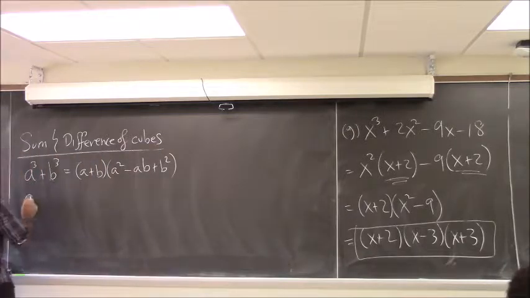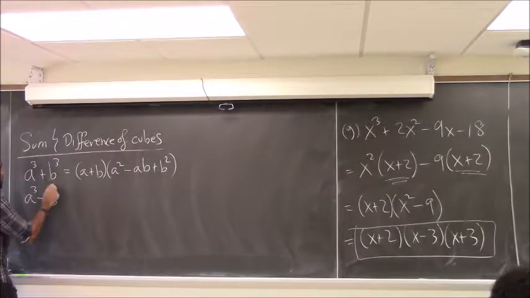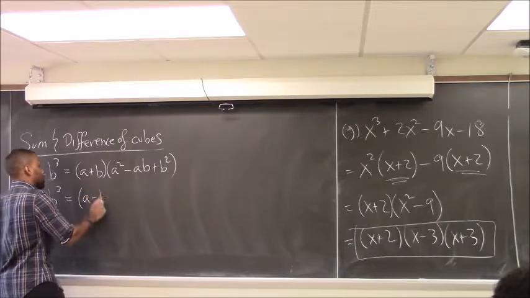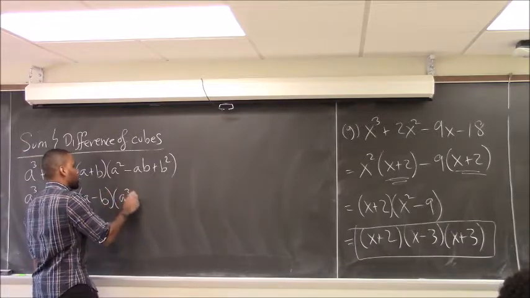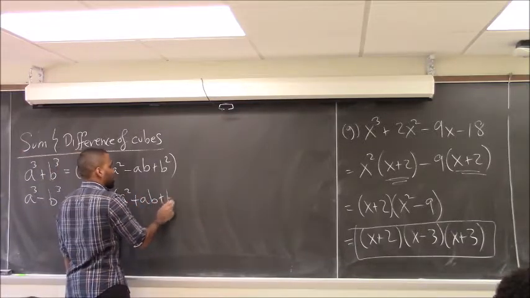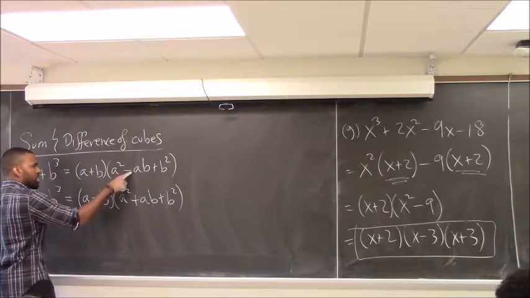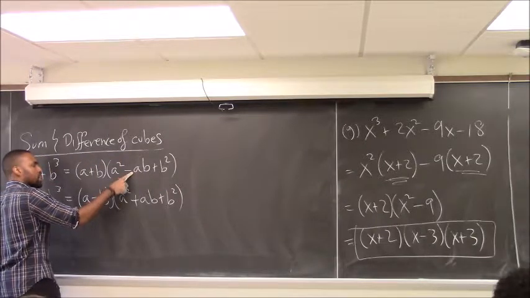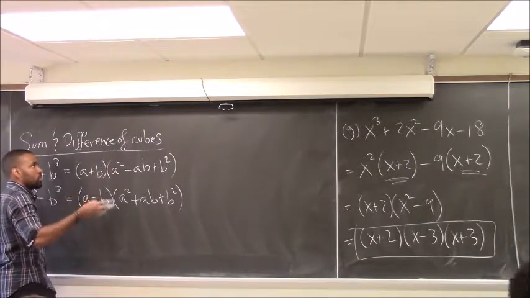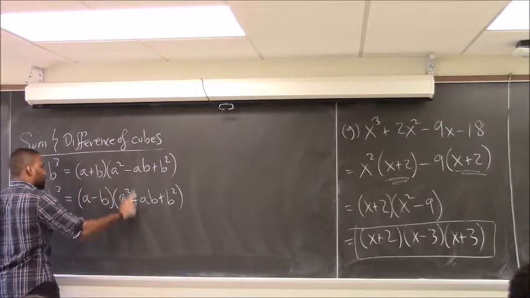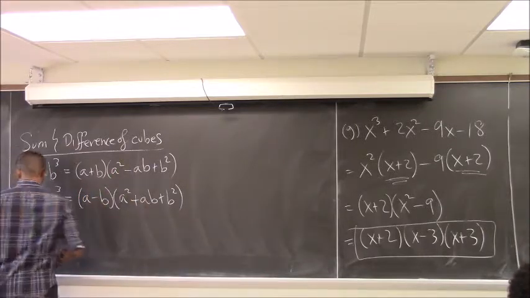And if you're subtracting 2 cubes, that's a minus b times a squared plus ab plus b squared. A common error here is students writing a 2 in front of the ab because they remember that a minus b all squared has the 2. It doesn't have a 2.